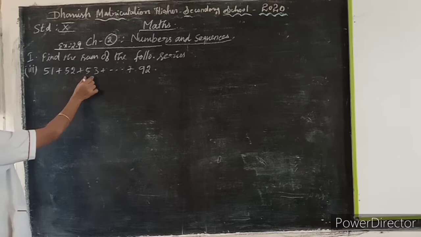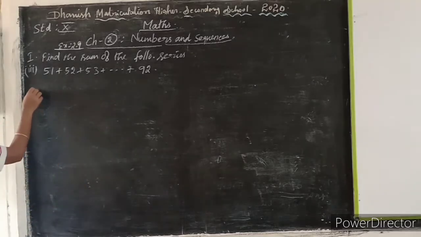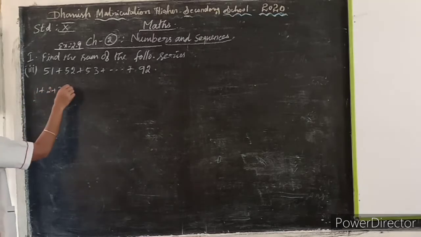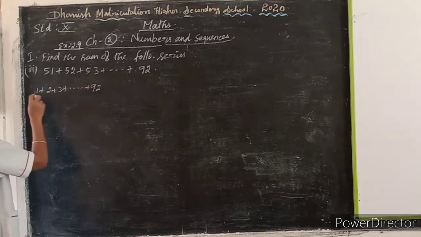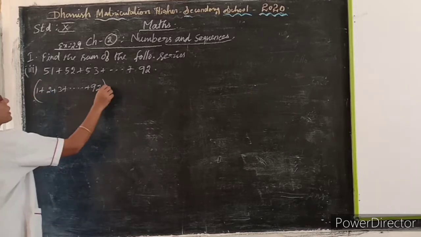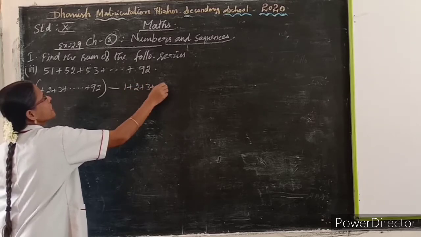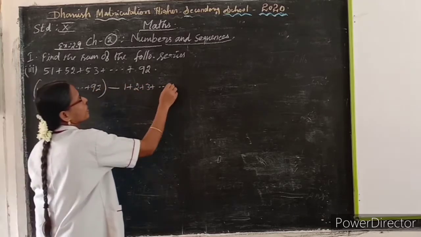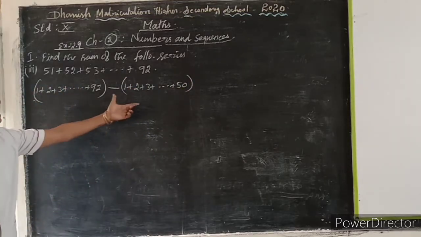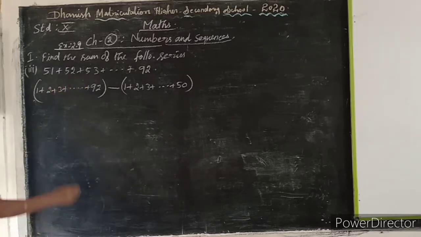First rearrange the given series: take the first 92 natural numbers, 1 plus 2 plus 3 plus etcetera up to 92, then subtract the earlier numbers, 1 plus 2 plus 3 plus etcetera up to 50. We subtract this series from that series, and we will get the required series.